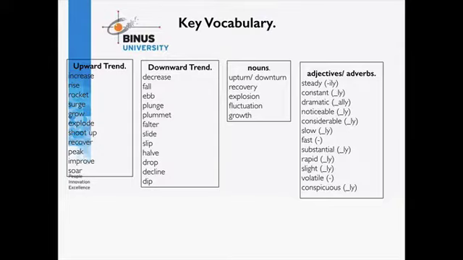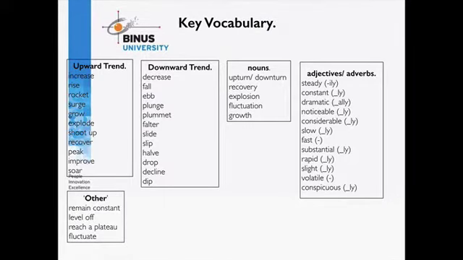So steady, constant, dramatic, noticeable, considerable, slow, fast, substantial, rapid, slight, volatile, conspicuous. Volatile means dramatic. It's only an adjective there. Notice there it cannot be made into an adverb. Conspicuous is similar to noticeable.